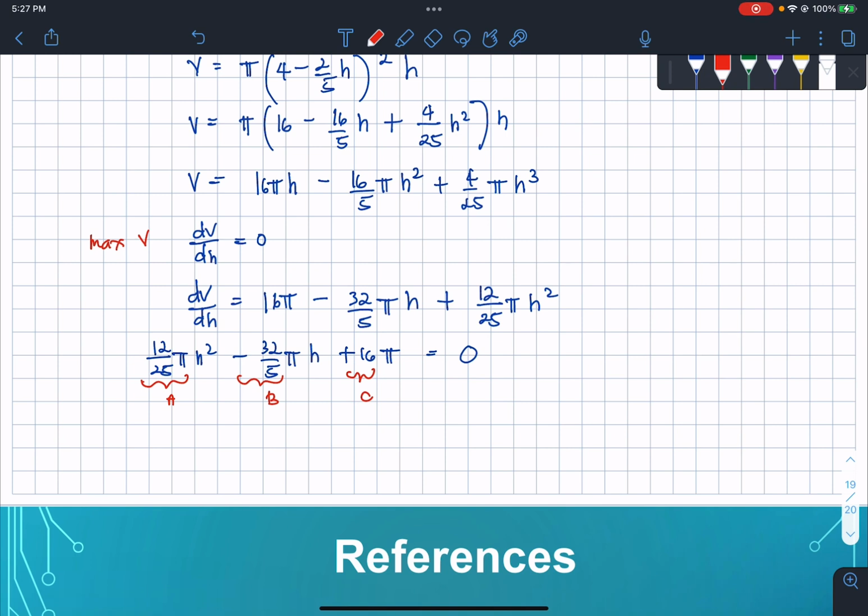So I'll have h equal to 3.33. The other one is 10.